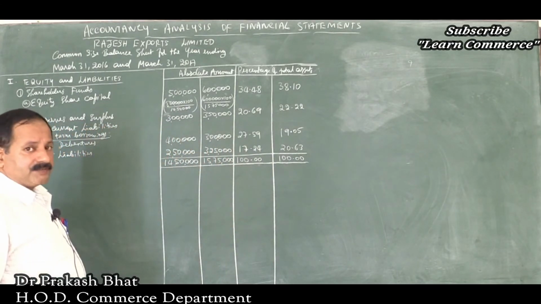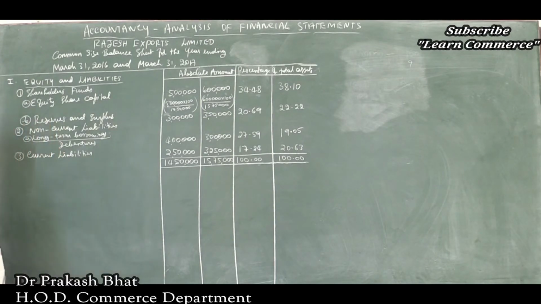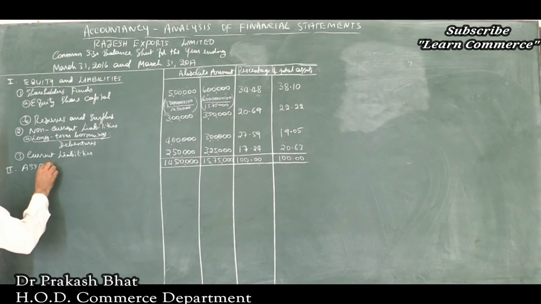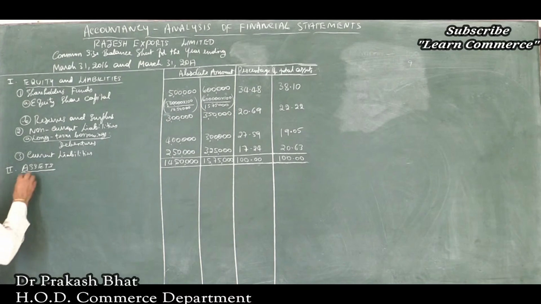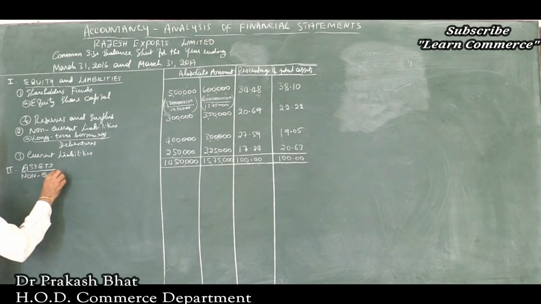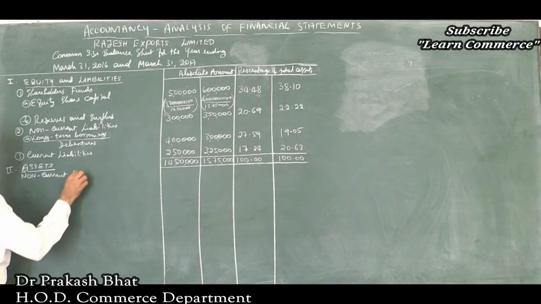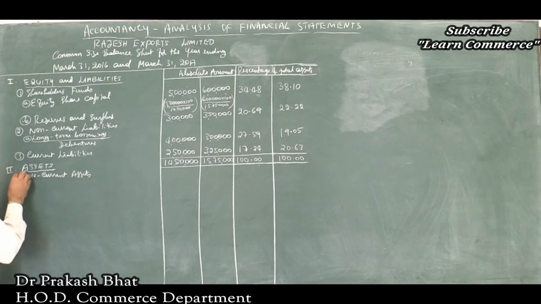Clear? Yes. Now, let us move on to the asset side. Roman 2, assets. Under that, start writing one by one. Non-current assets, that is the first one.